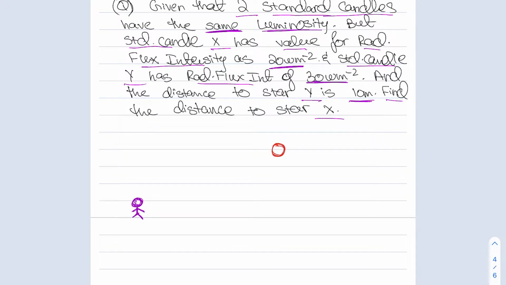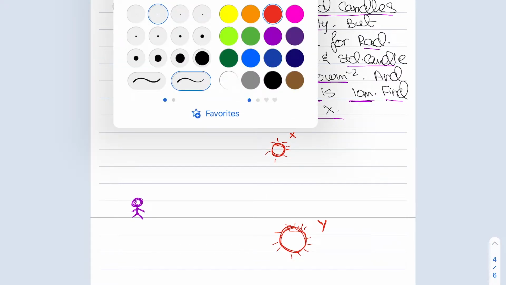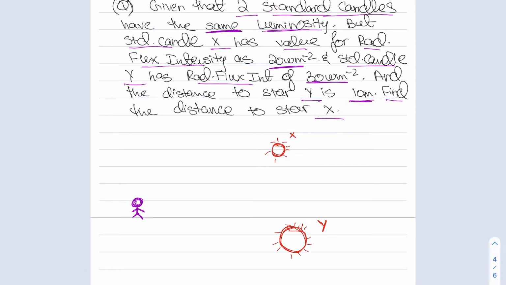So this is star X, and this is star Y. Okay, so these diagrams are not drawn to scale, so don't judge these based on their size and whatnot. So this is star X, this is star Y. So I'll write down the data for each of them beside them.